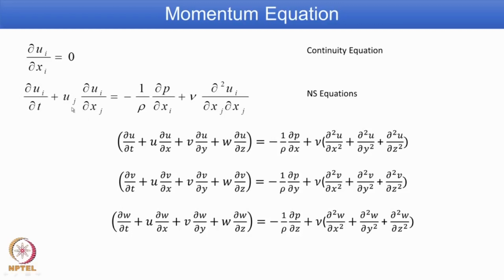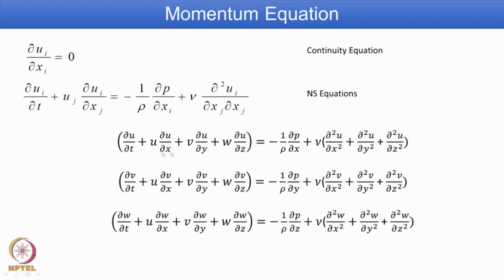When j is equal to 1 it is u, when j is equal to 2 it is v with corresponding x_j being y, and when j is equal to 3 it is w with x_j being z. So, you put them together and you get ∂u/∂t plus u ∂u/∂x plus v ∂u/∂y plus w ∂u/∂z.